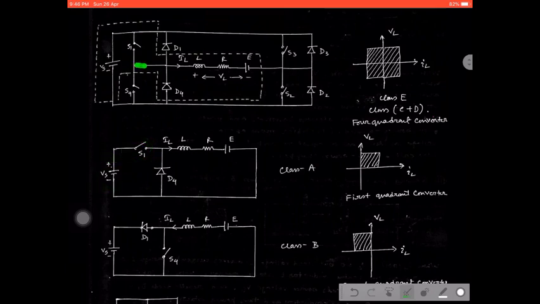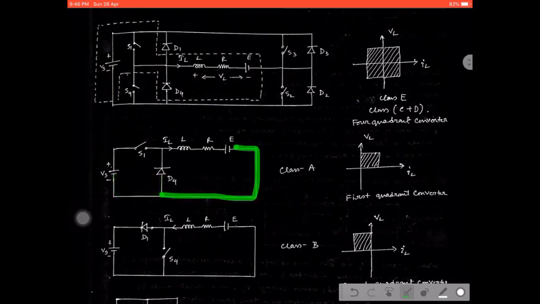Then S1 is connected to the load RLE, and D4 is connected to the RLE load, and the other part is connected to the negative terminal of the supply, just similar to supply and to the RLE load.